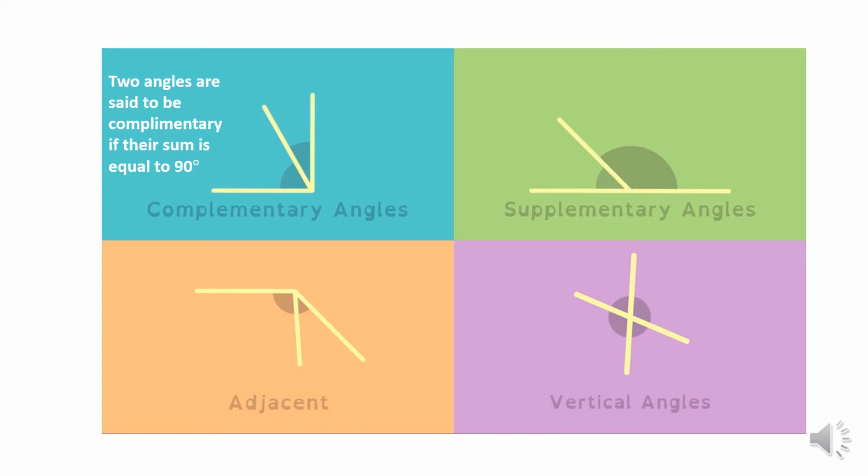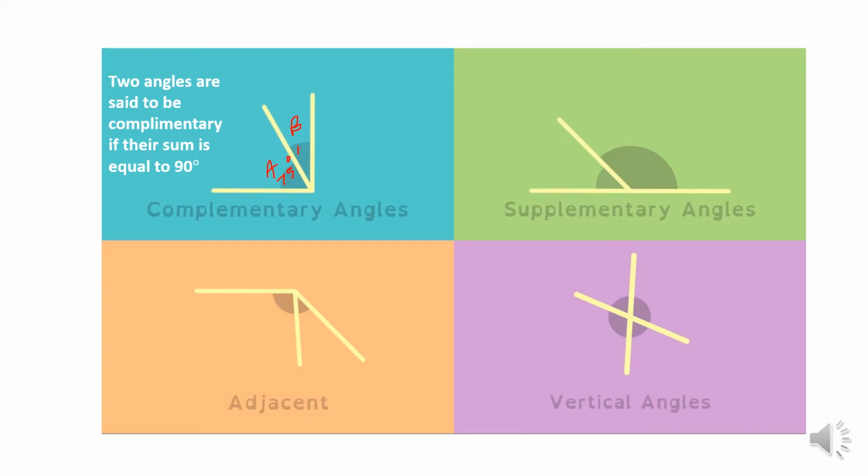For example, I'm going to label these two angles, one A and one B. Let's say A is 75 degrees. What will be angle B?